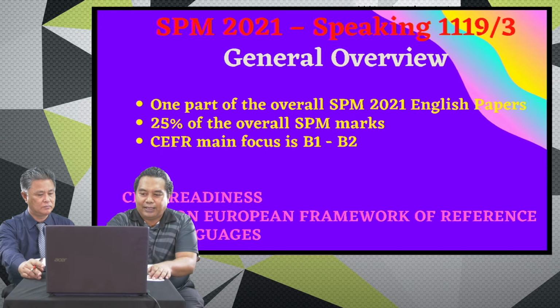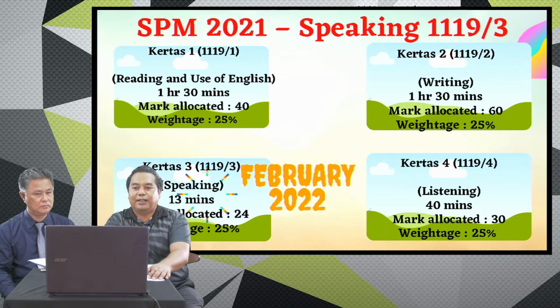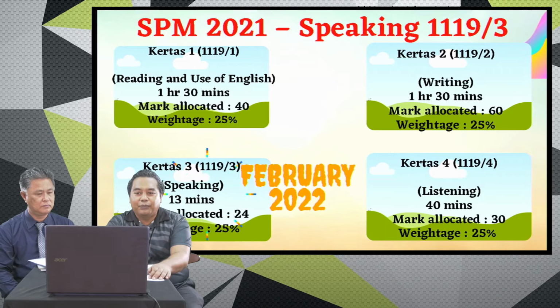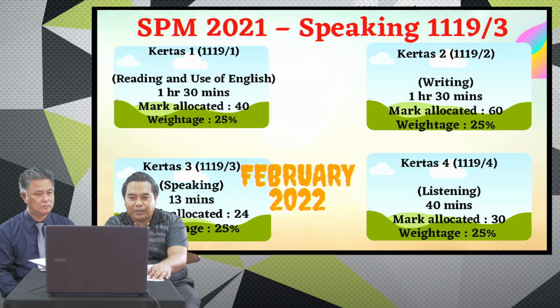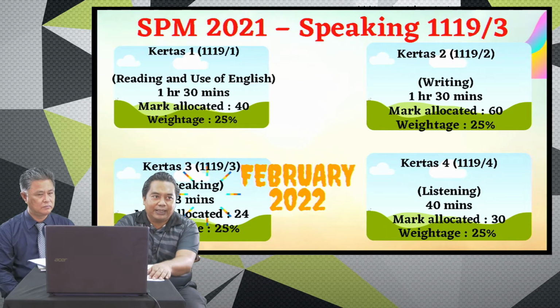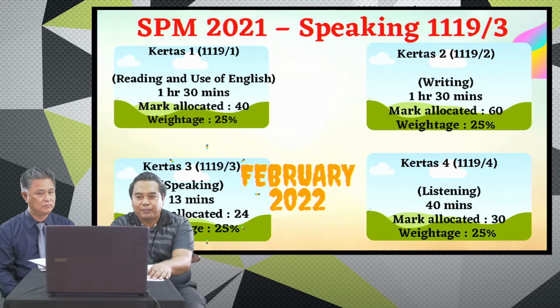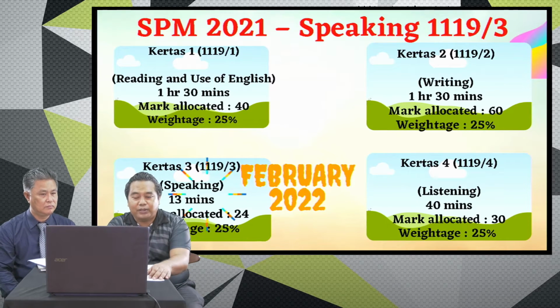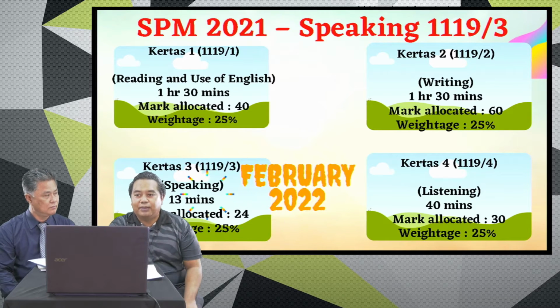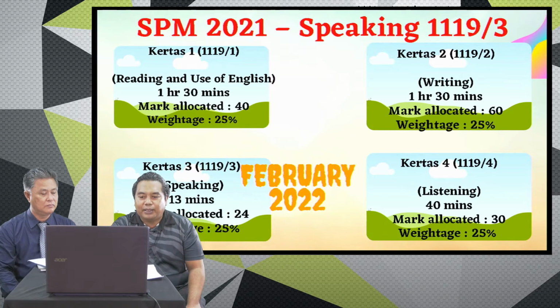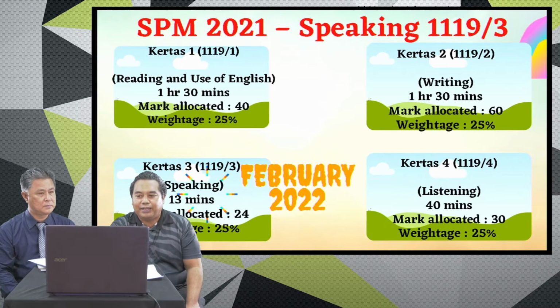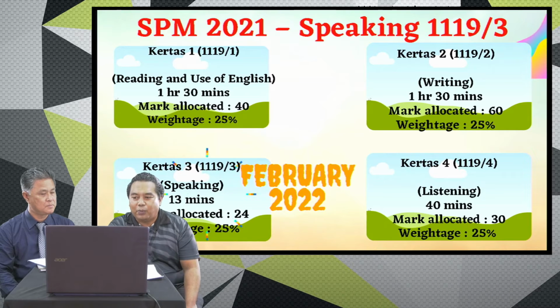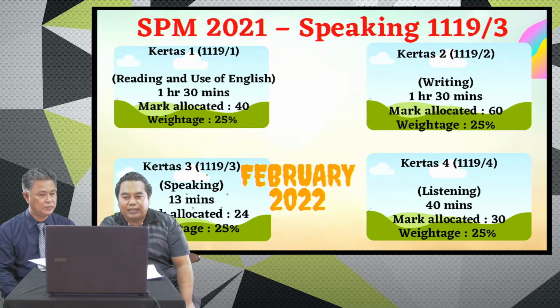Next, there will be 4 papers for 1119 English SPM. There will be 1119/1, which is reading and use of English, 1119/2 for writing, 1119/3 for speaking, and 1119/4 for listening.